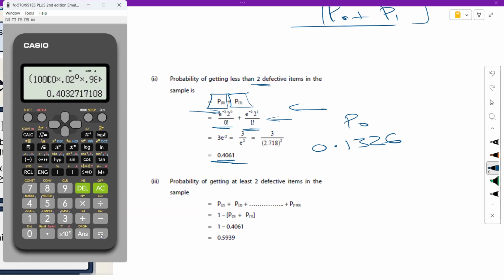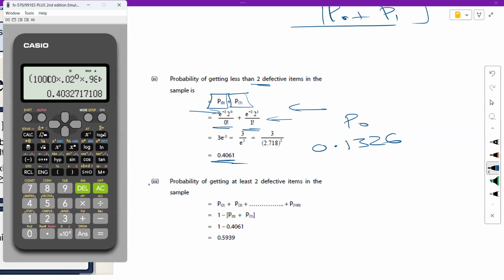Altogether, here we got the same answer. Poisson distribution gives us 0.4061, and binomial distribution gives us almost the same answer, 0.4032, right?